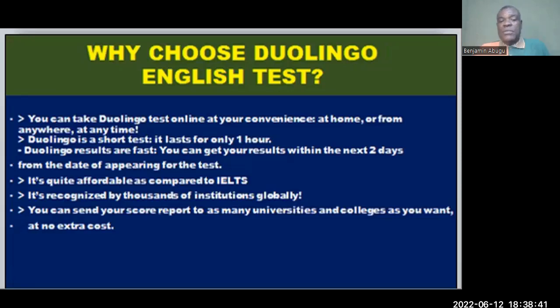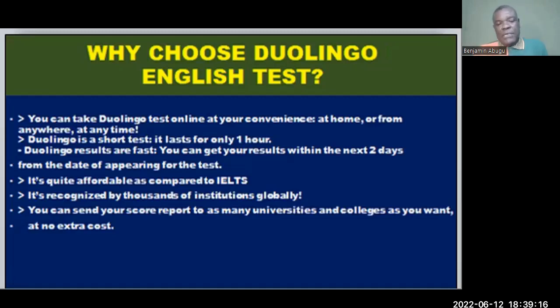So now it's also something that is recognized, as I earlier mentioned, in several universities. So if the university you are applying to recognizes the Duolingo English Test, then why bother yourself with the other tests that will require more in terms of financial costs, time, and all that.